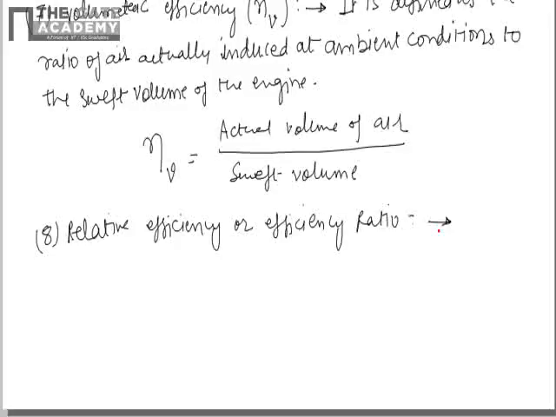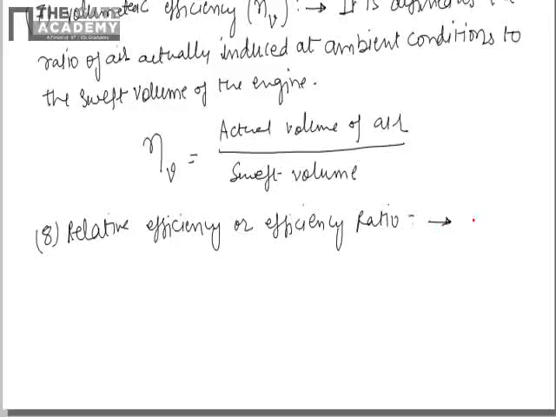So these are some of the assumptions we are making for the ideal cycle, but in reality it will be different. That's why we are taking the ratio of thermal efficiency of the actual cycle to the ideal cycle in terms of relative efficiency.